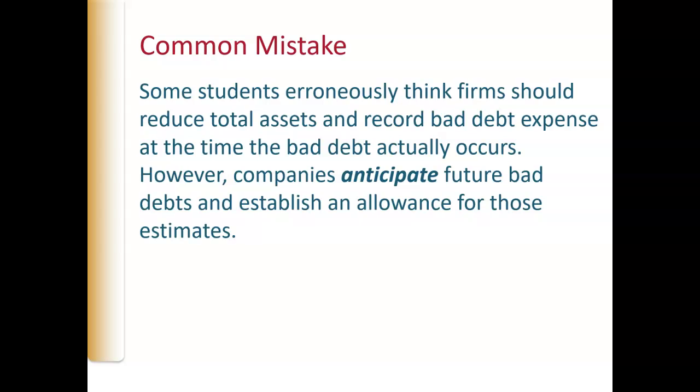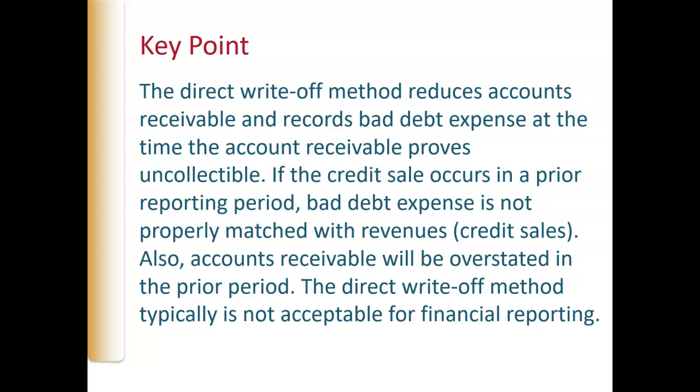Some students think firms should reduce total assets and record bad debt expense at the time the bad debt actually occurs. Remember, we are anticipating future bad debts by creating an estimate, and that's why we establish an allowance account.